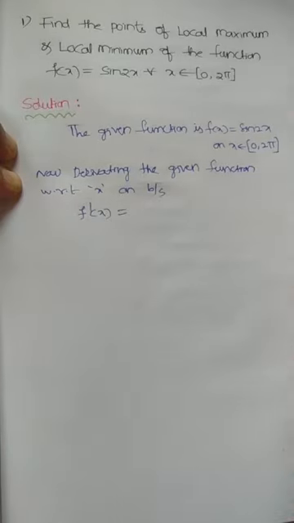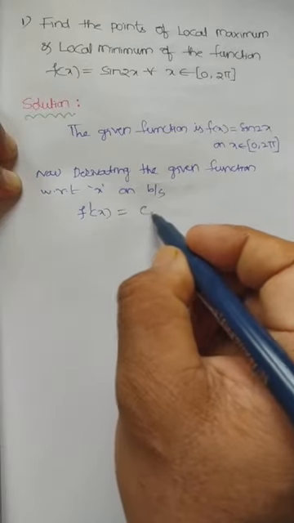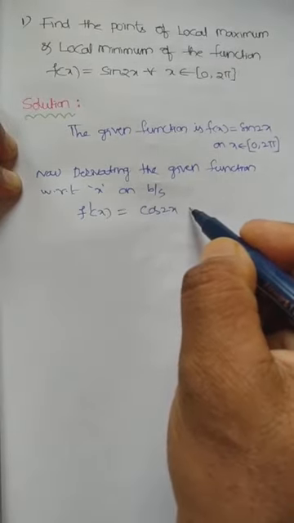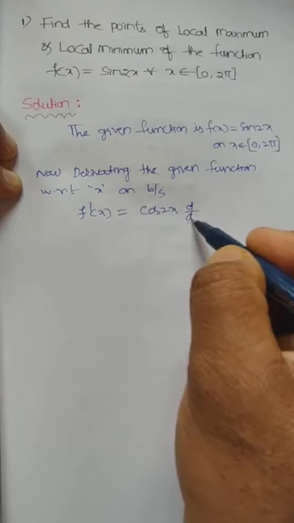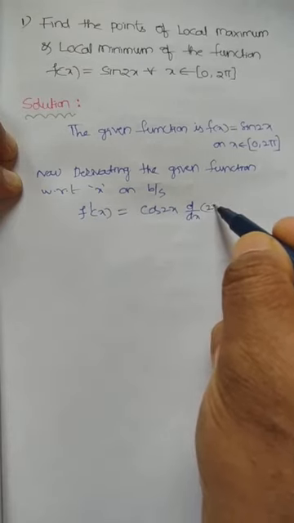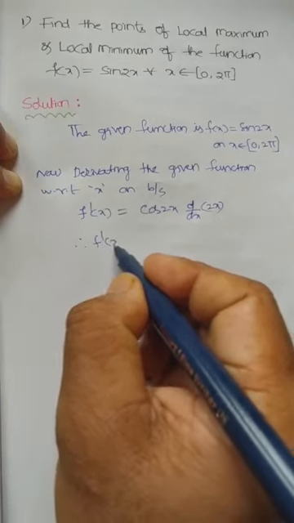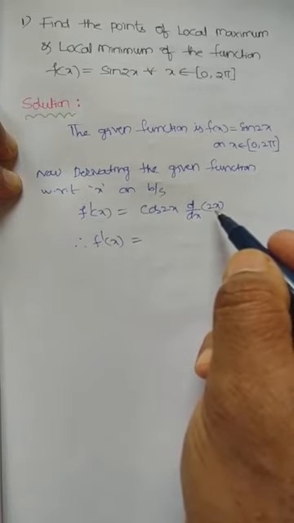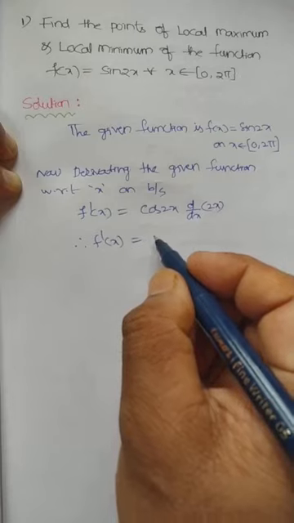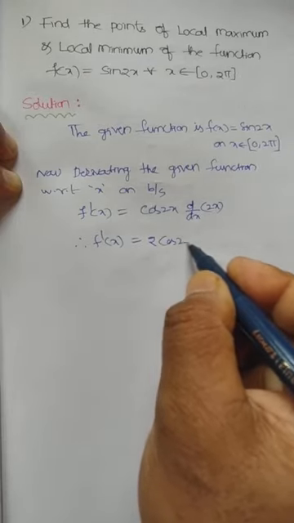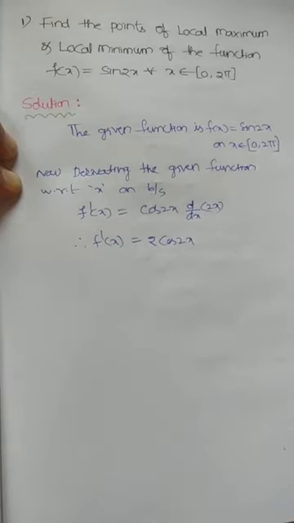The derivative of sin 2x is cos 2x, and again I have to differentiate the function in place of x, that is 2x, whose derivative is 2. So f dash of x is 2 into cos 2x. This is the value I got for f dash of x.